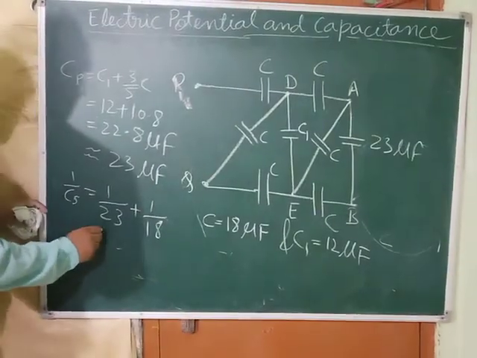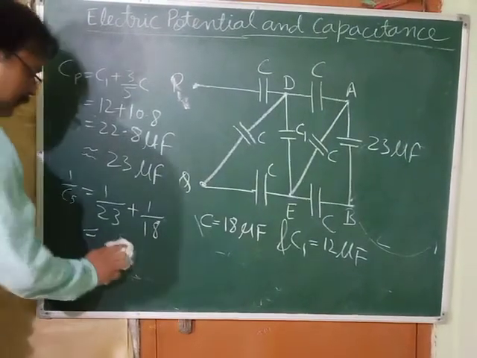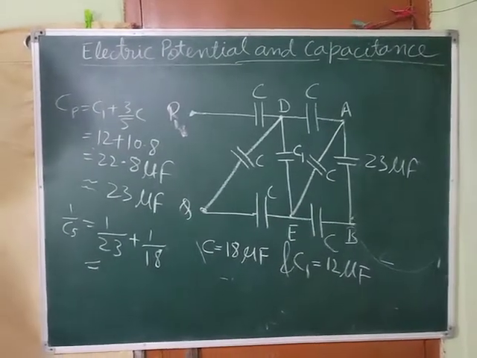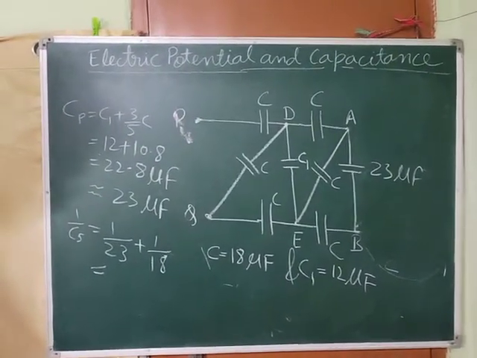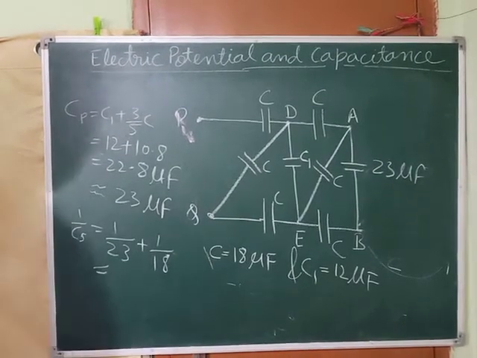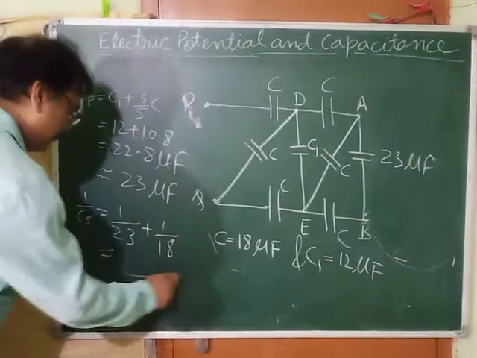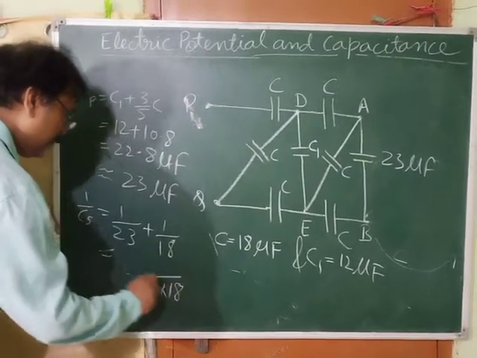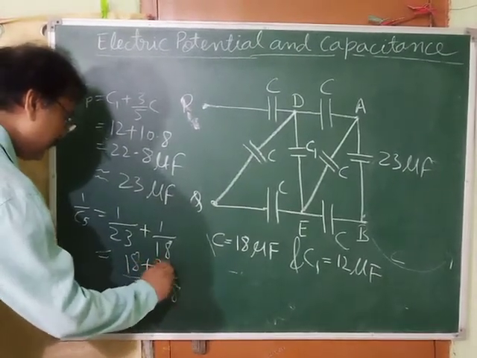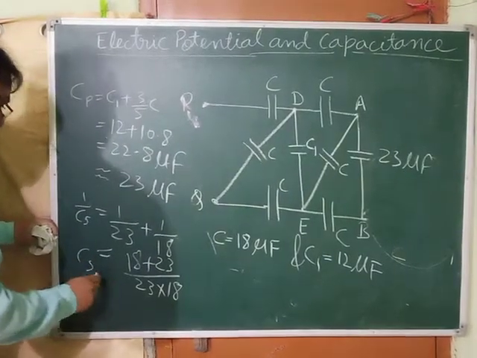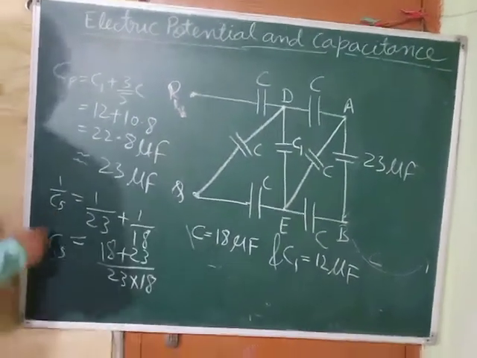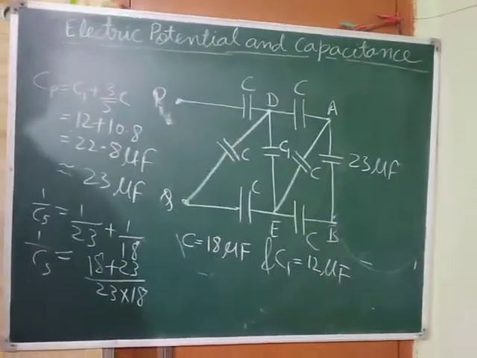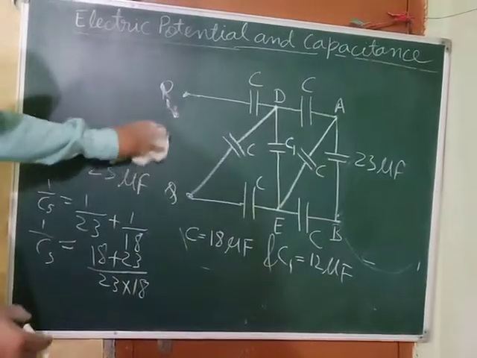We take the LCM and add them. So we write 23 into 18 in the denominator, and here 18 plus 23, that is our 1 by CS. Once we invert this, what do we get? Let's see.